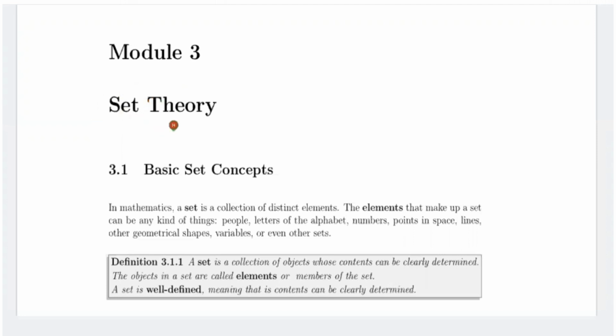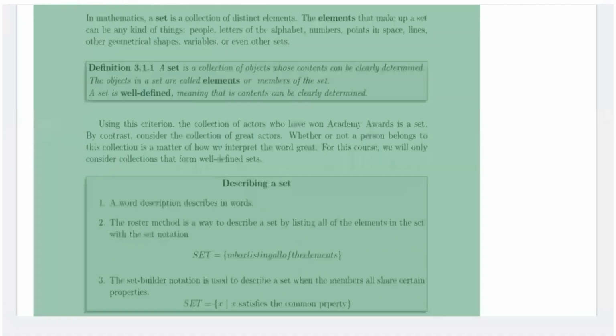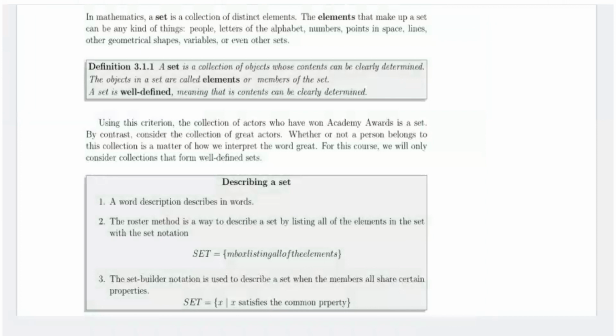As you see in the box, the set is a collection of objects whose elements are clearly determined. That object is called an element. So there are two words here. One is set, the other is element. Let's understand the meaning of these two. The meaning of a set is like a box, where we organize the stuff.